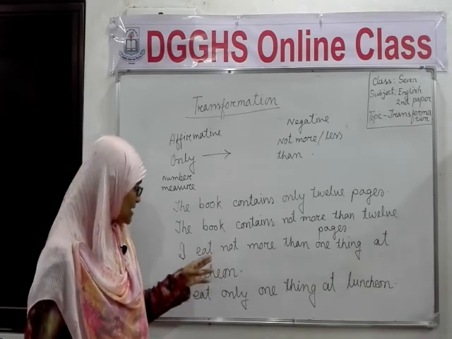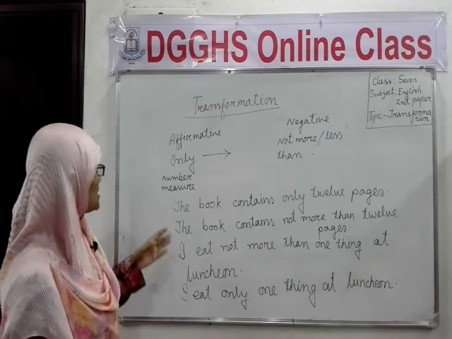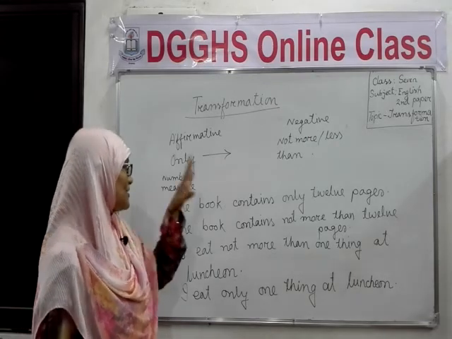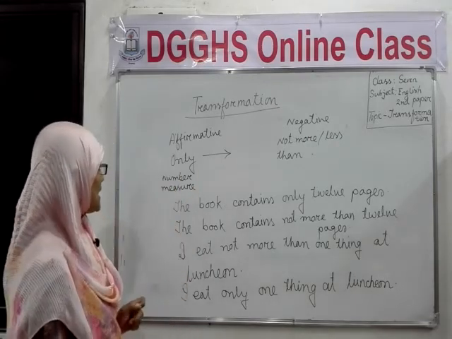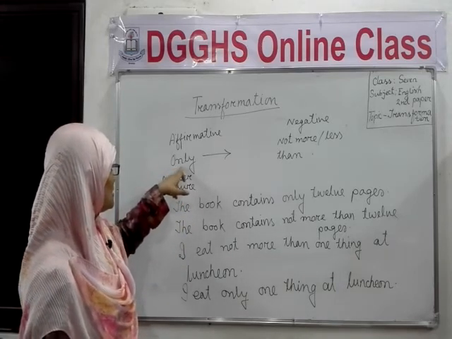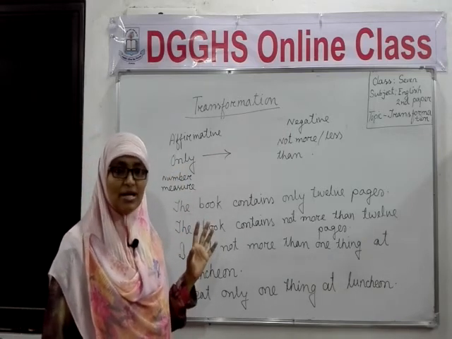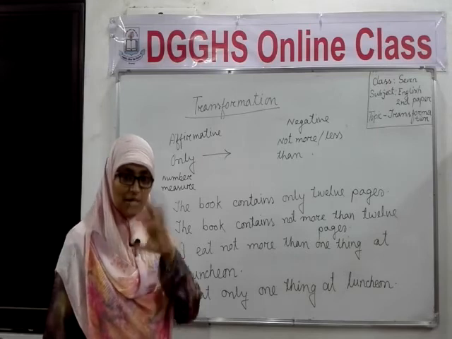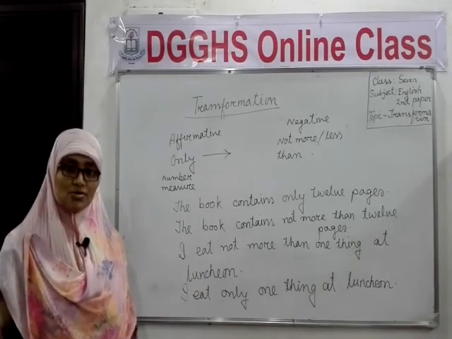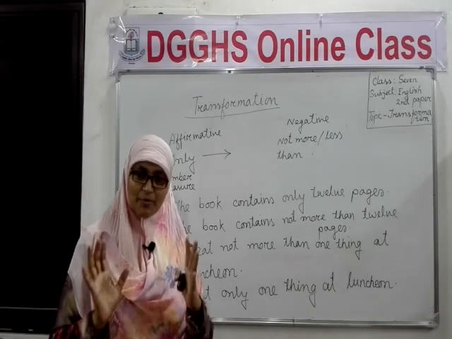So I think it is clear now that you have to think before transforming a sentence from affirmative to negative. If the affirmative sentence has only and alone, you should not be overconfident, and you shouldn't make any hurry.